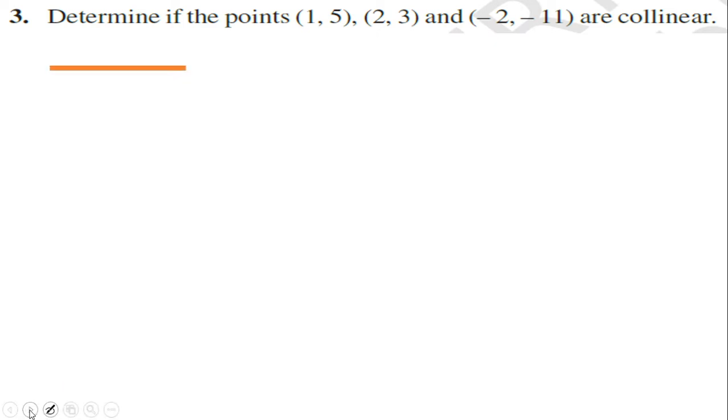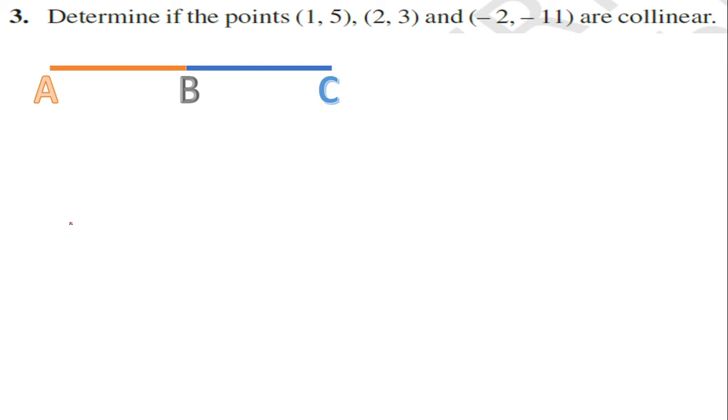For example, this is the first line segment you can consider, and this is the second line segment. Now let us call the points A, B and C. This is point A, this is point B and this is point C. Now here you can see these three points are on the same line, so we can say they are collinear points.